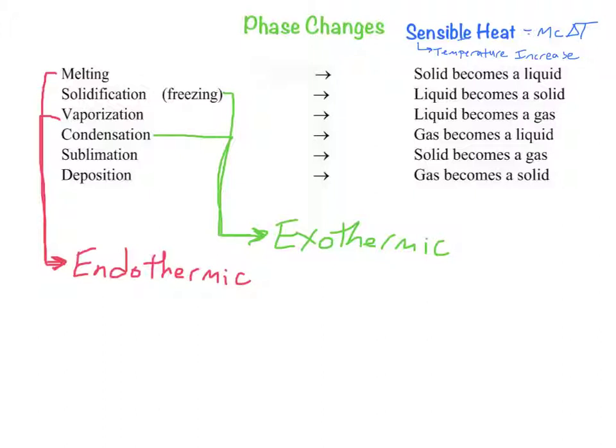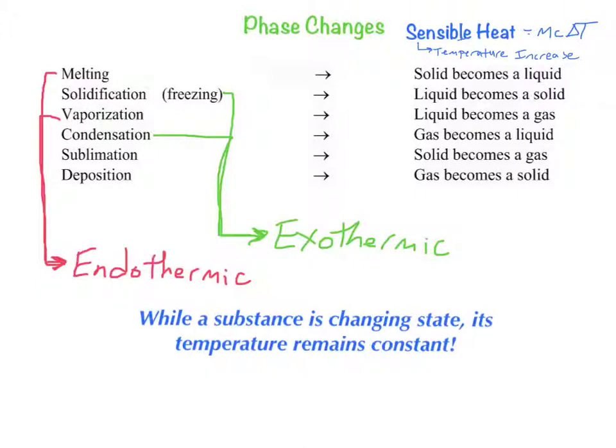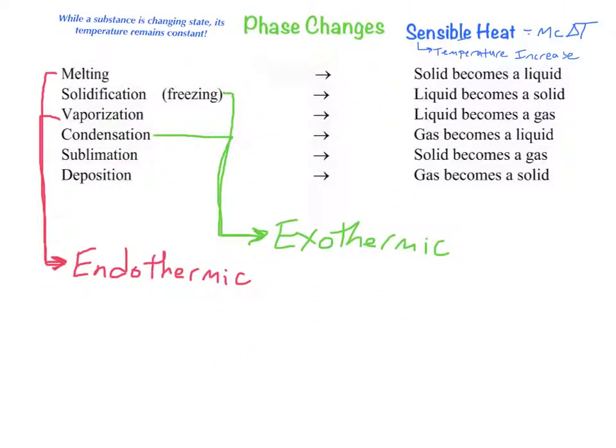They release energy. Now, while a substance is changing state, while it's going from a solid to a liquid or from a liquid to a gas, its temperature remains constant. Heat energy is still being added to cause that phase change, right? But it's called latent heat.